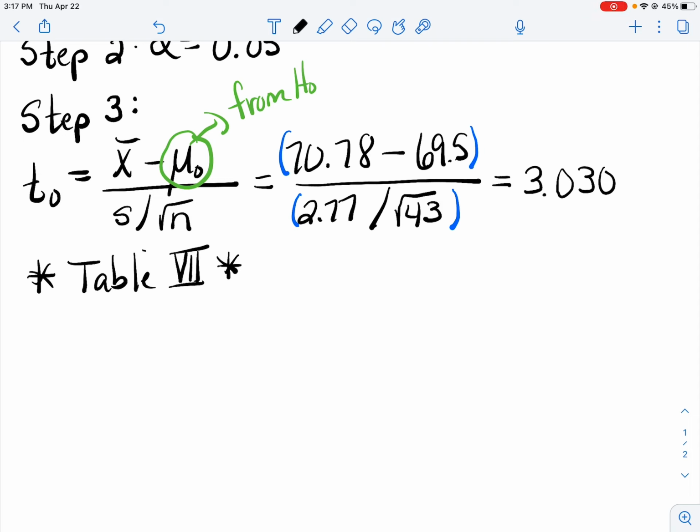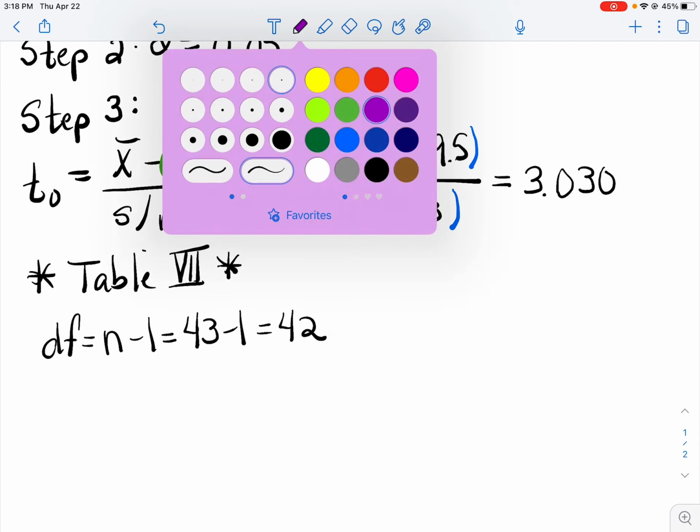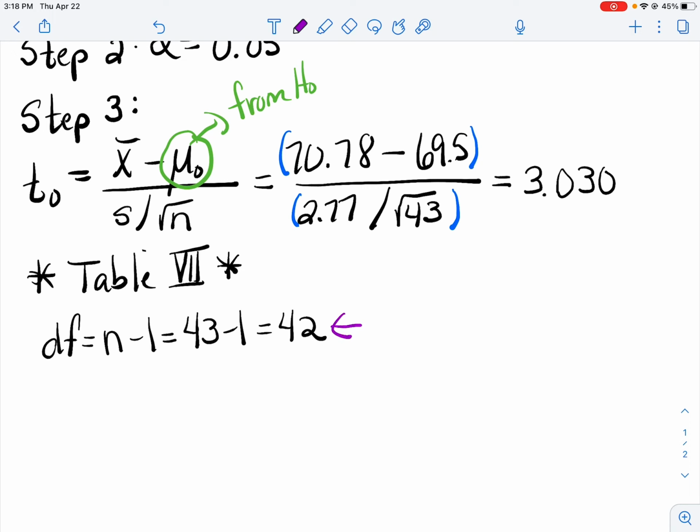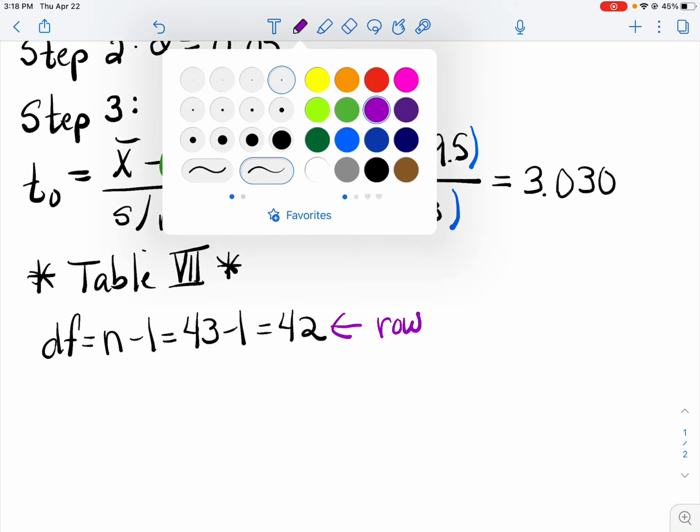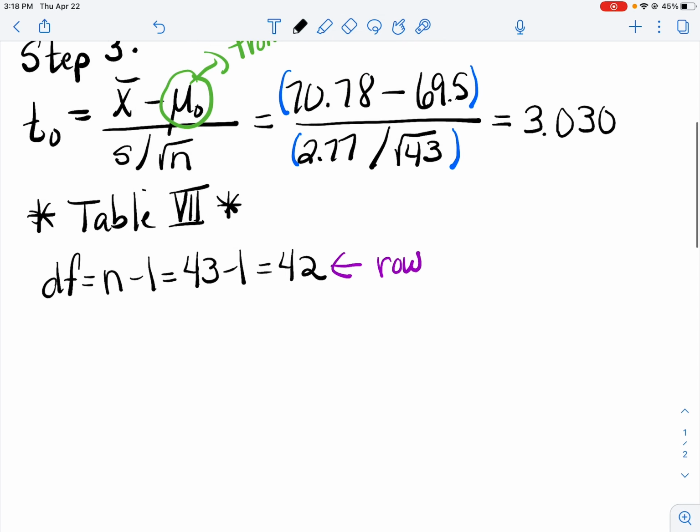I need to know what row and what column. So our row is our degrees of freedom. So n minus 1. Here, 43 minus 1 is 42. And again, that tells me the row on table 7 to look at.